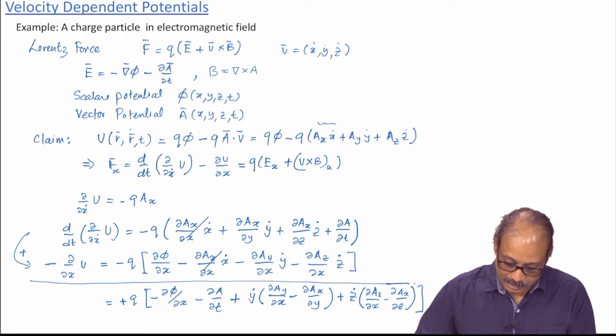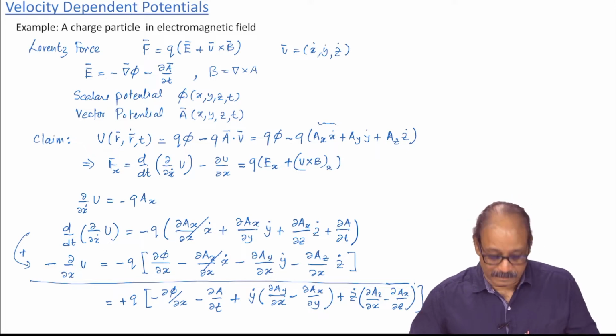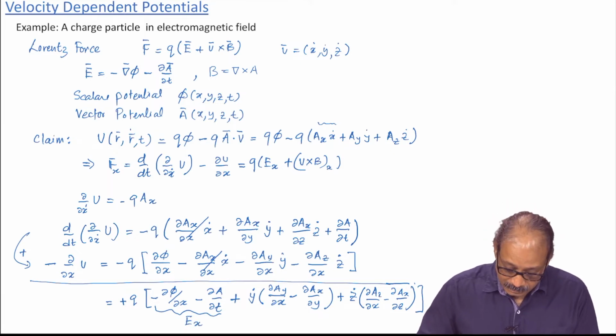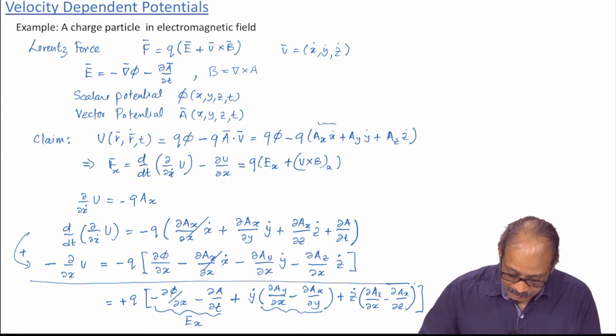Okay. And now you start to identify various terms there. Can you see that this is nothing but E of x, and then this term here is nothing but B z.